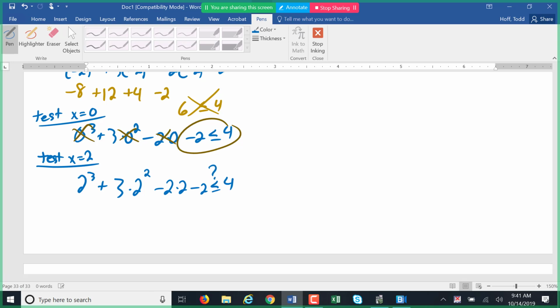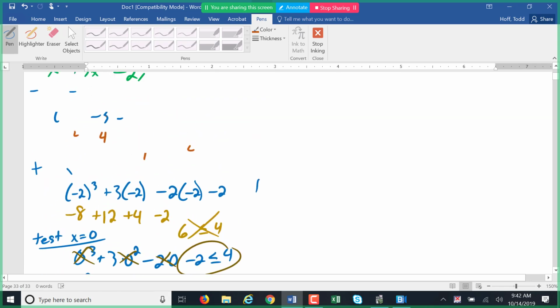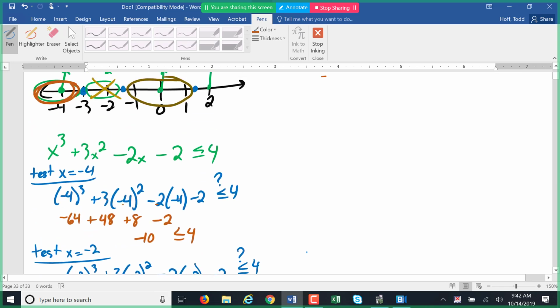Is that less than or equal to 4? 2 to the third is 8. 2 squared is 4, times 3 is 12. Negative 2 times 2 is minus 4. 8 plus 12 is 20, minus 4 is 16, minus 2 is 14. That is not less than or equal to 4. So it confirms that region is not a solution.